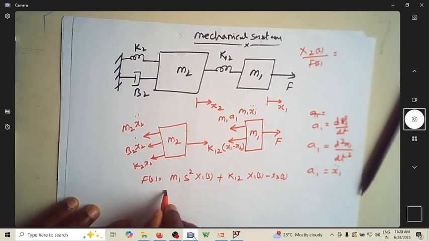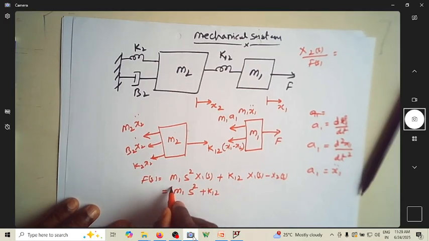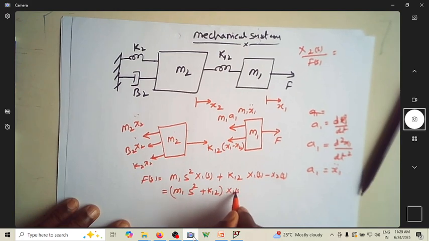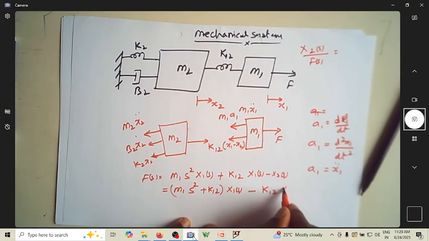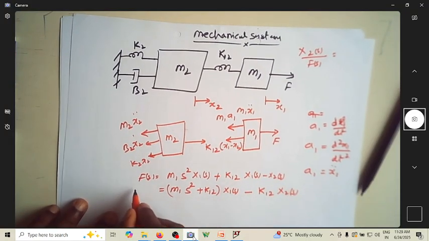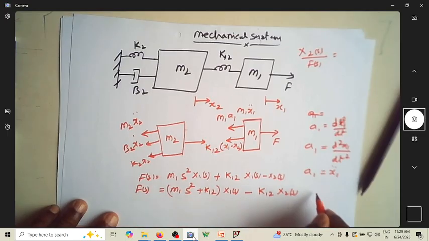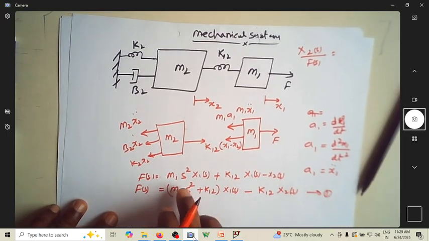This can be further written as m1 s square plus k12 times x1 of s, minus k12 x2 of s, equals F of s. This is equation number 1.